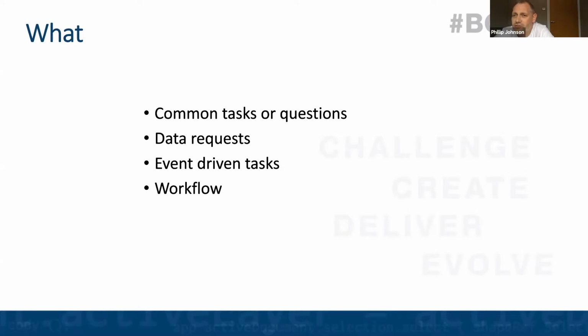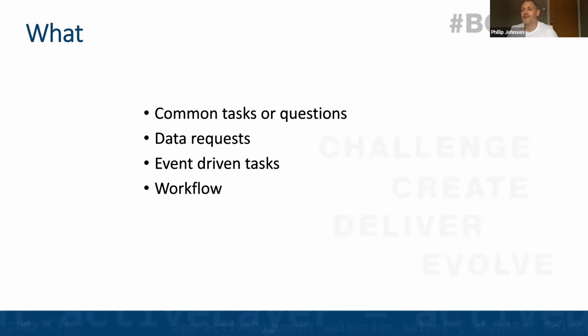So the next question after why you'd want to automate, the next thing you're going to want to consider is what would you want to automate? Common tasks or questions are the first port of call, really. When we talk about common questions, things like, what are the opening hours, whereabouts do you have offices?